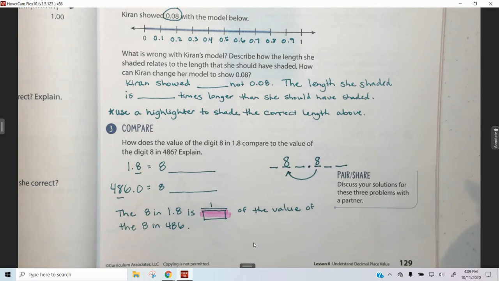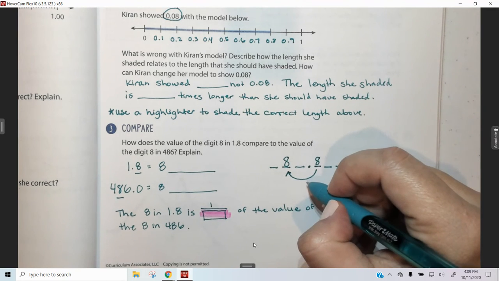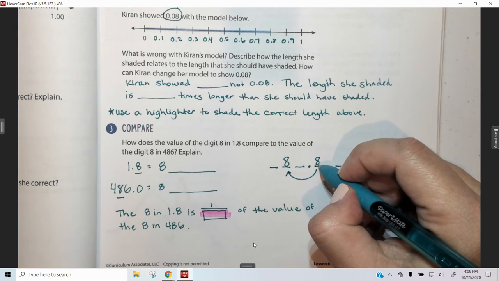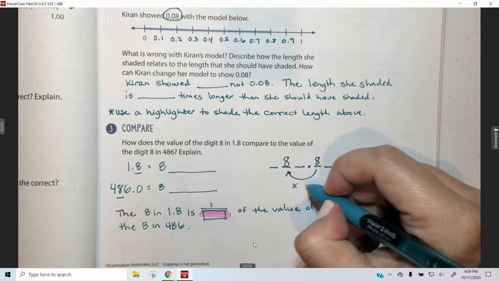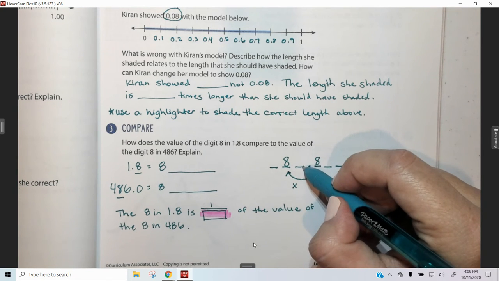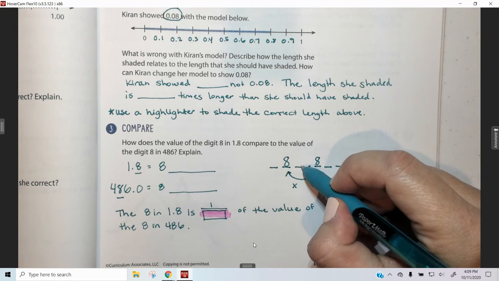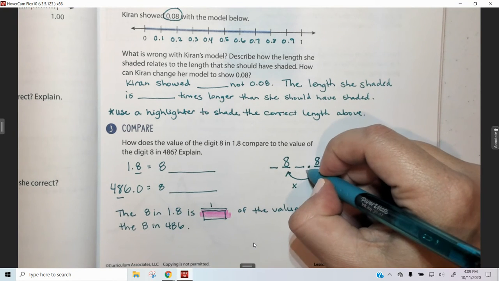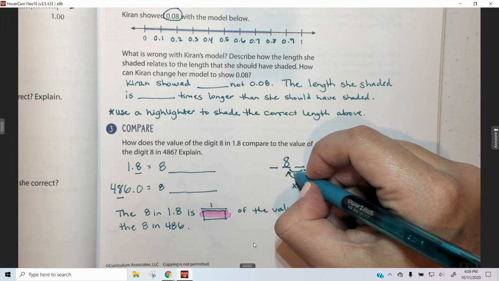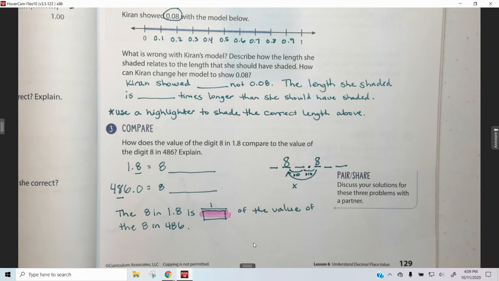So when we're shifting over, remember when we go from here to here, we multiply by a number. To get from this 8 to this place value, we would multiply times 10. And to get from here over to here, we would multiply times 10. Okay?